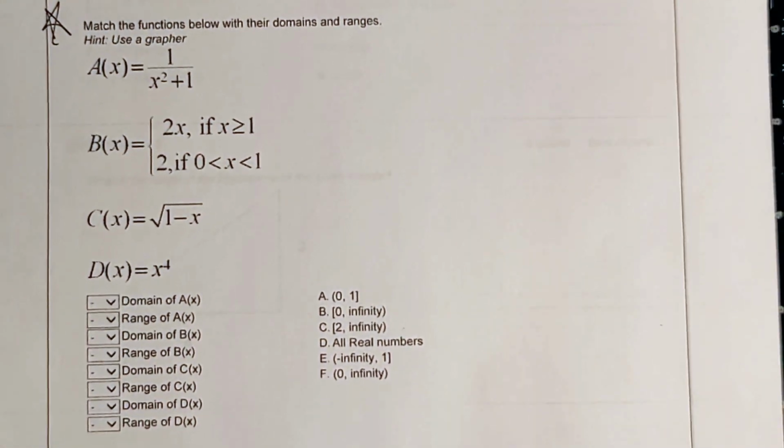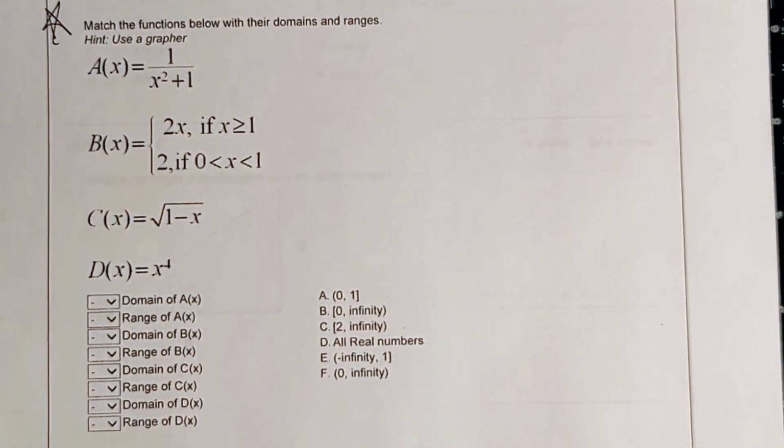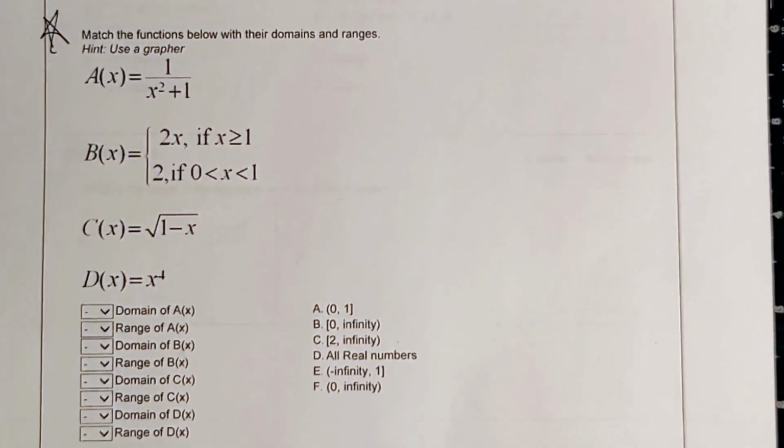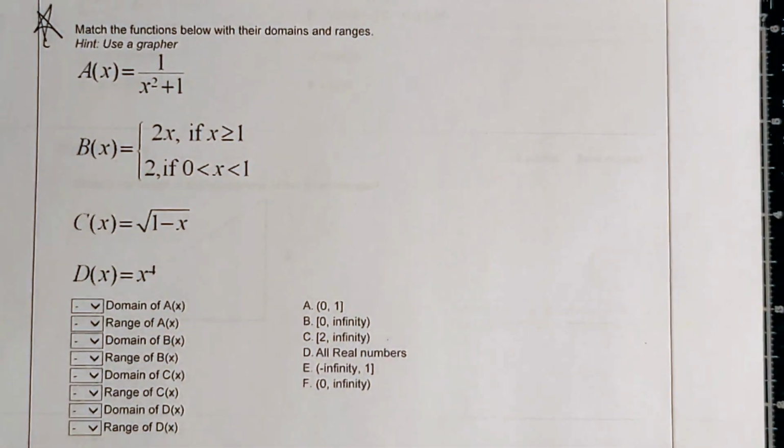I don't know how they're going to do the grapher. If you get a grapher, it would have to be on the computer screen itself, because you do not get a graphing calculator per se. You get no handhelds. So we're going to do as if you don't have any kind of graphing calculator at all.